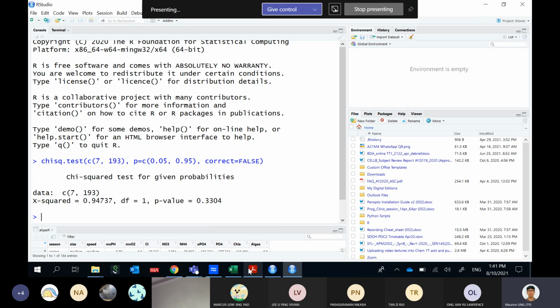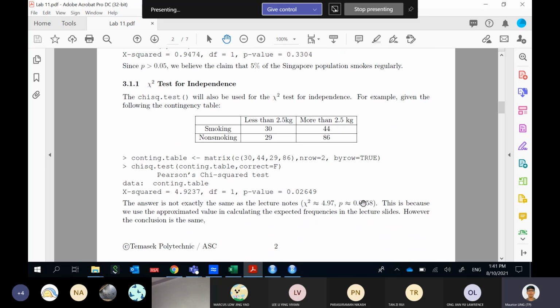So what happens here is the next part. Look at contingency tables. You want to test whether there is independence. Independence here means: is there a relationship between smoking status versus infant weight? Are these two variables independent of each other?